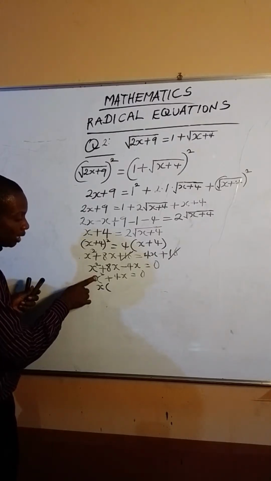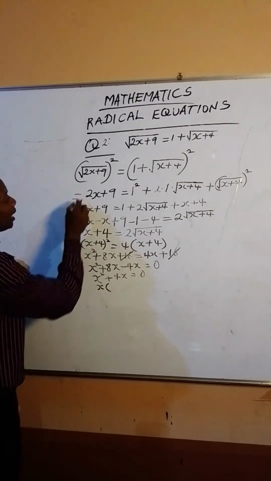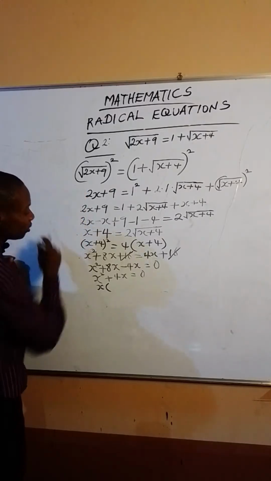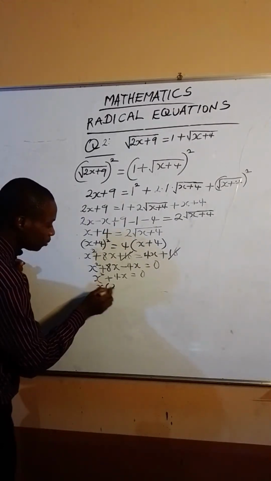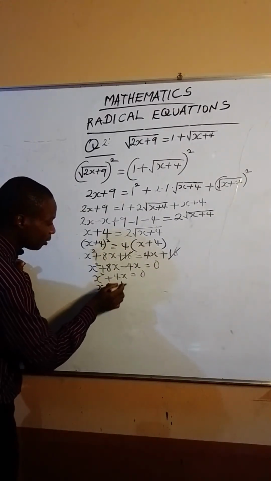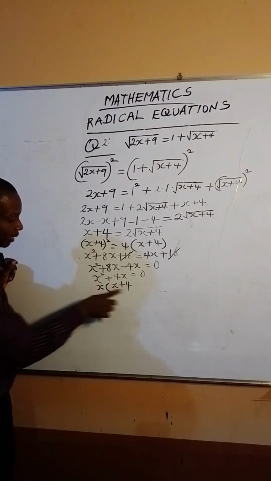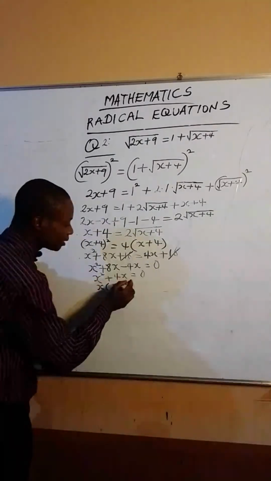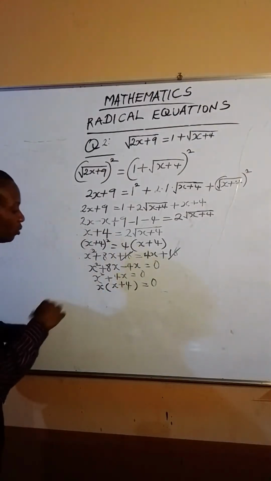We divide x squared by x to get x, then divide 4x by x to get 4. So we have x times x plus 4, and this is equal to 0.